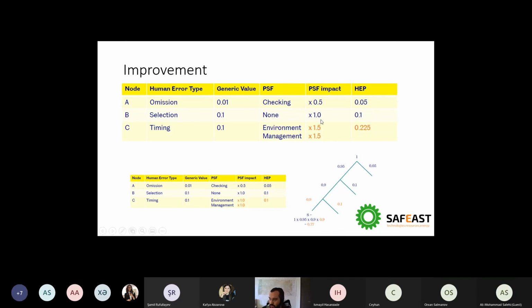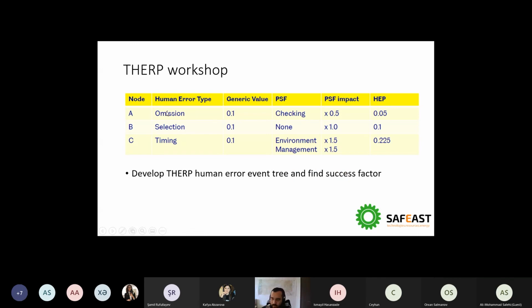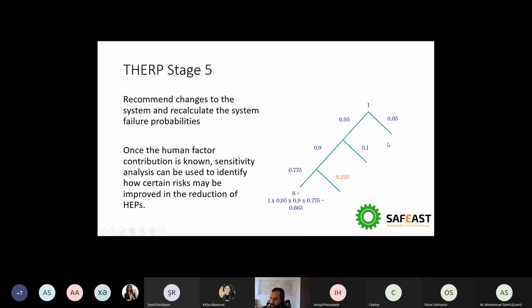So you see that there are three steps, omission, selection, and timing, and you can see the frequencies. For the first one, it is 0.05, 0.1, and 0.021. When you put this in the tree, you see that your success is 0.66. So out of 100, you are doing 66.